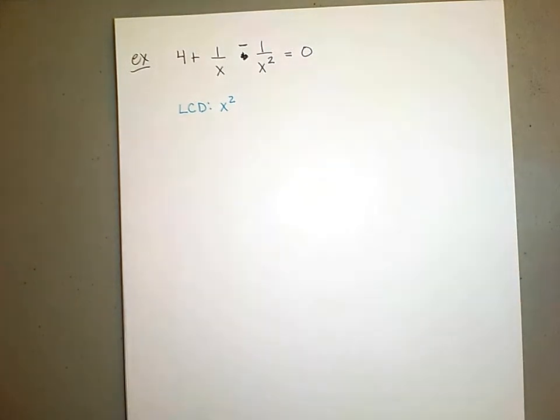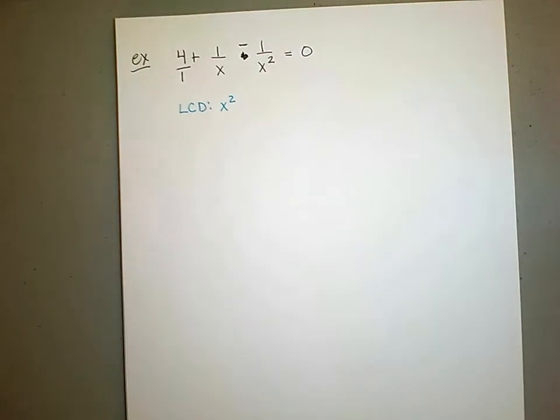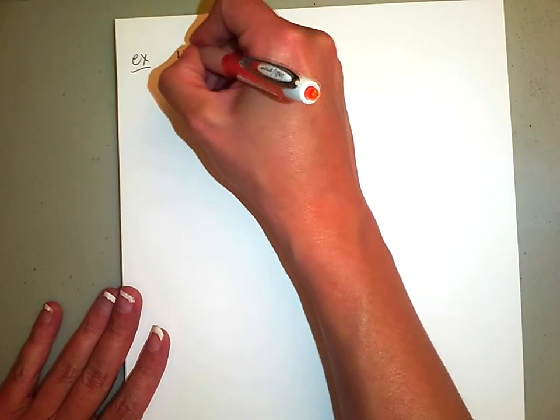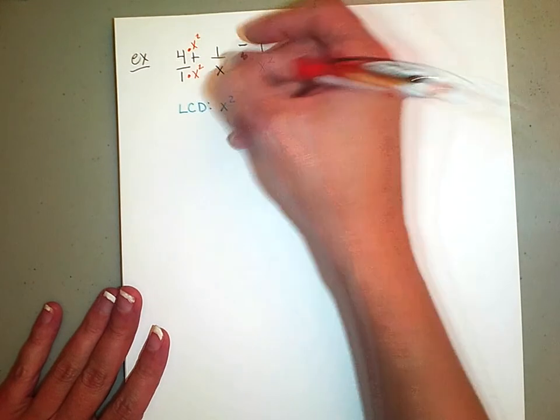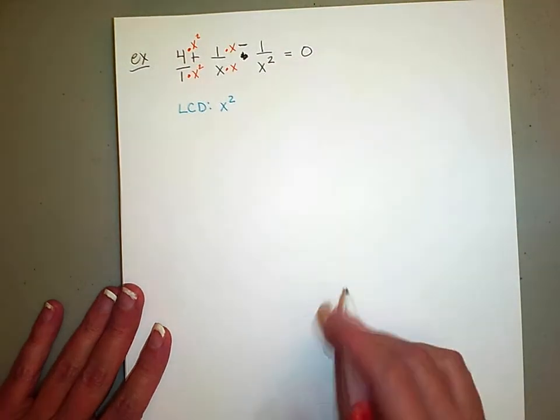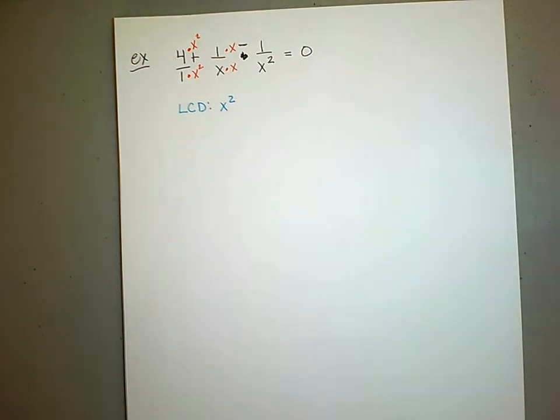So that will be our least common denominator. And remember, we'll think about this as over 1. So this one needs to be multiplied by x squared, here x squared, here just by x, here by x. This one's already over x squared, so we don't need to do anything about that.